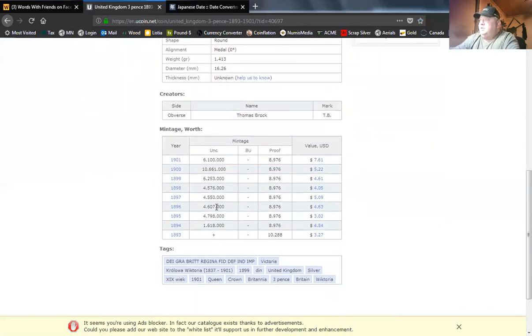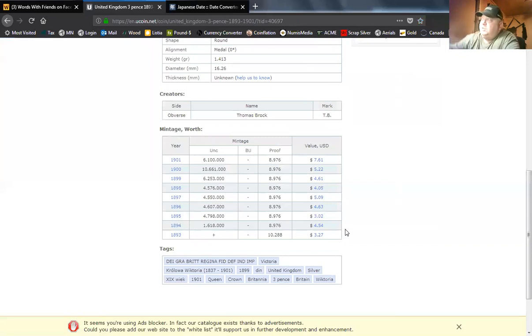But the 1896 right here, $4.63. Now this pricing is going with what people are buying this stuff for that particular year. And that's kind of like the value. Now they did make proofs those years. That's going to reflect the prices a little bit different than this.